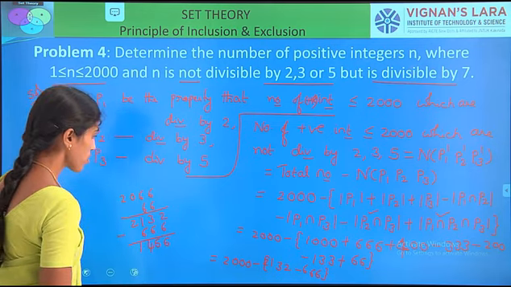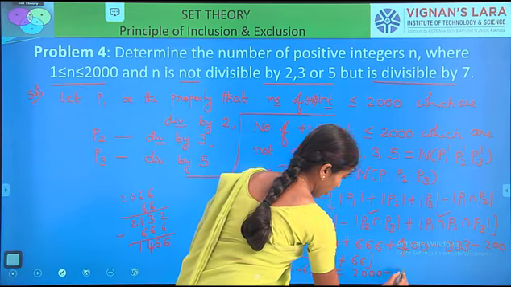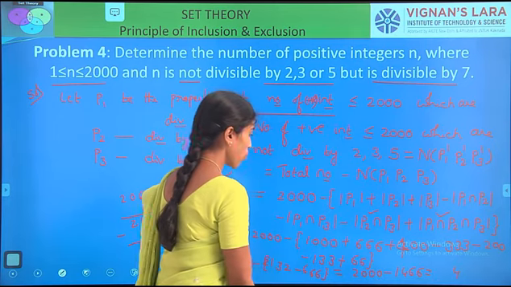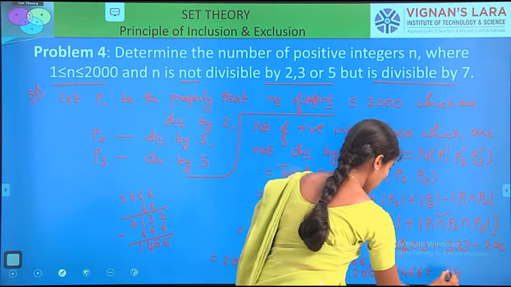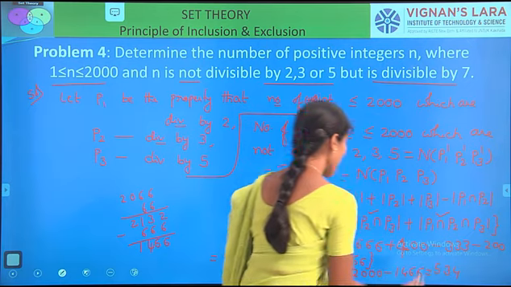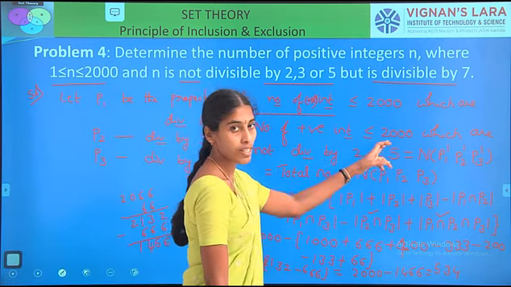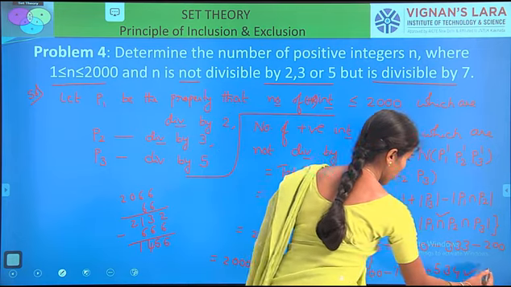It is 1466. So 2000 minus 1466 is 534. So this is the number of positive integers less than or equal to 2000 which are not divisible by 2, 3, 5. The answer is 534.